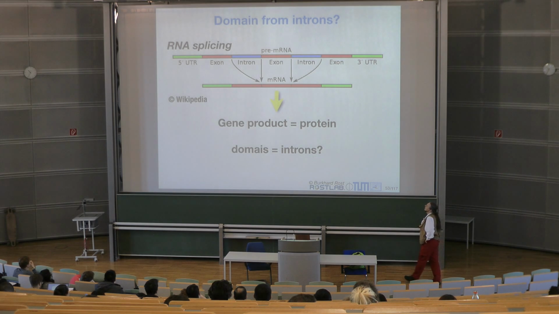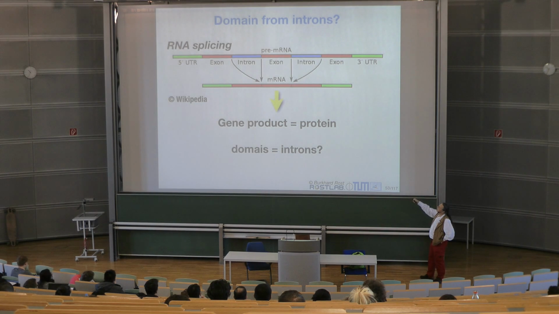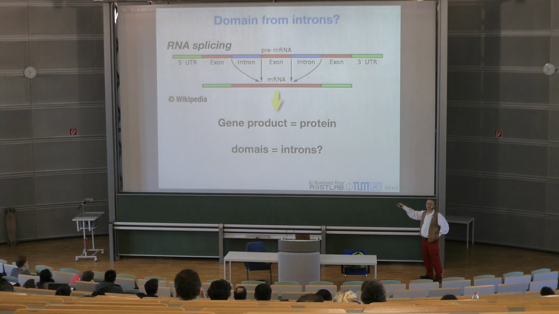So what happens in the next step is that the blue parts are simply cut out. The biological word for that is spliced out. Only the red parts here are put together, in this particular case, those are 3, and form the protein.